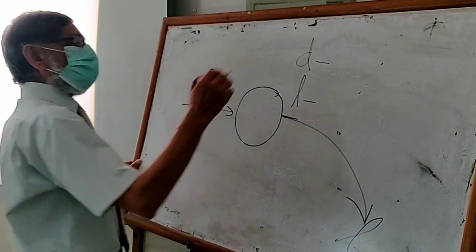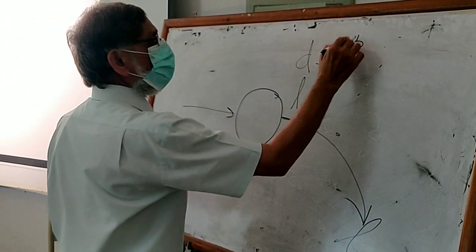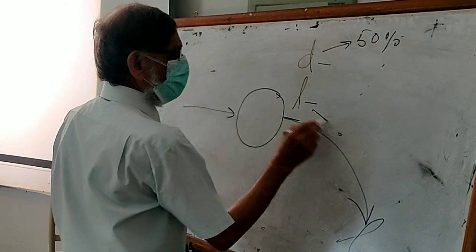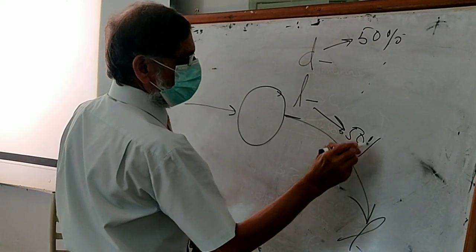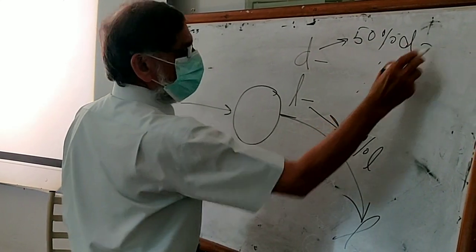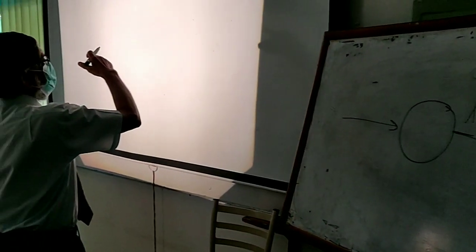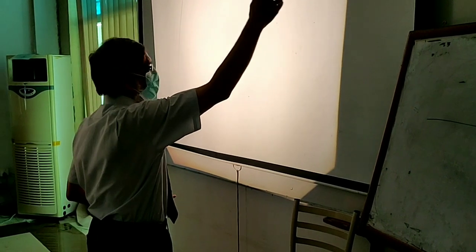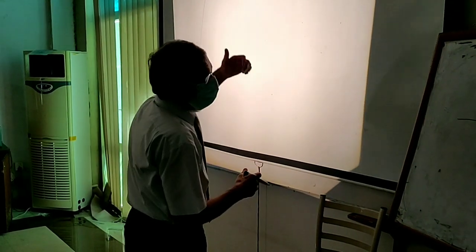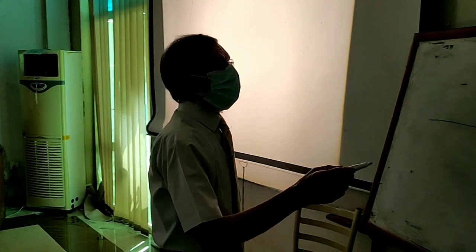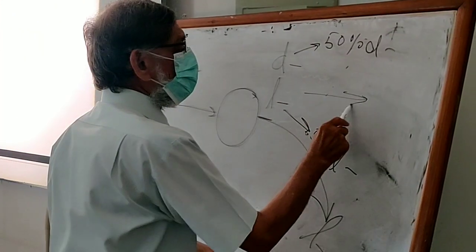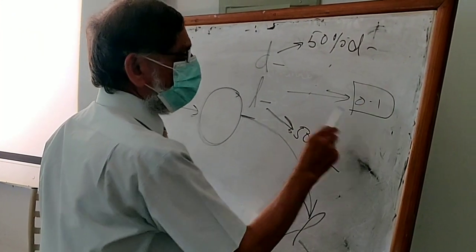Now if a compound is 50% dextro and 50% levo, so it is rotating 50% towards one side and 50% towards the other side, in a nutshell it will be optically inactive.